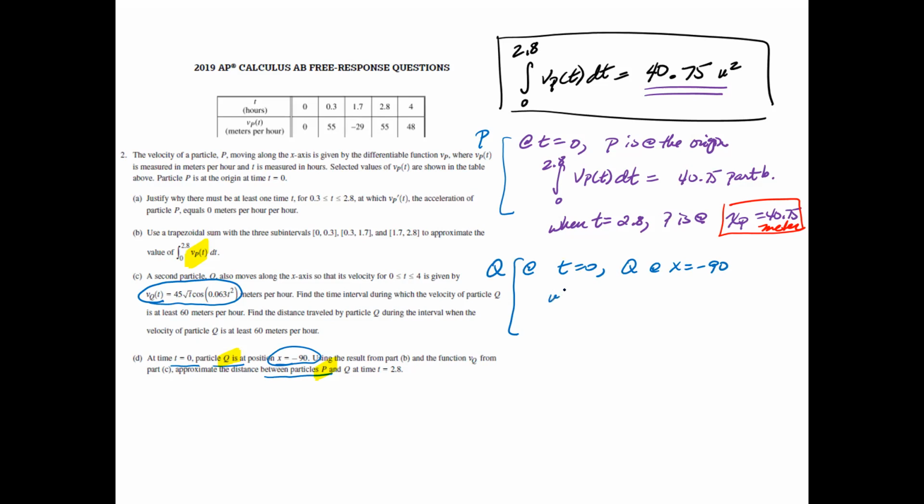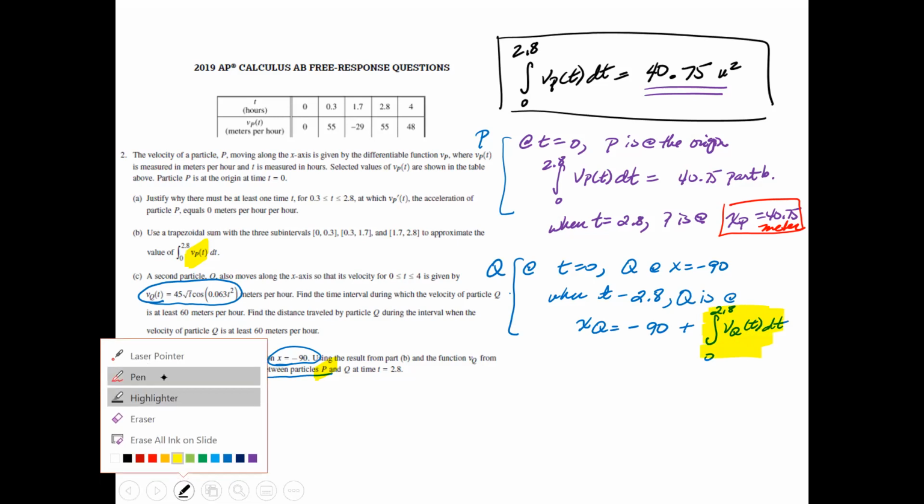So when t is equal to 2.8, x of Q is equal to -90 plus the integral of v of Q of t between 0 and 2.8.